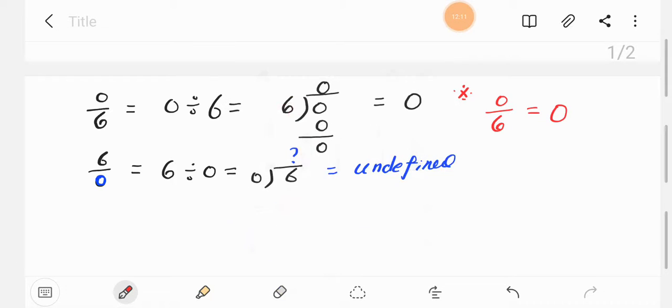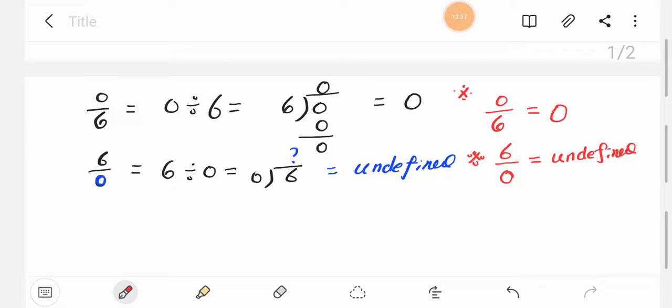So if a fraction contains the denominator 0, then it is equivalent to what? Undefined. Not 0, undefined. Don't forget, a fraction cannot have the denominator 0.